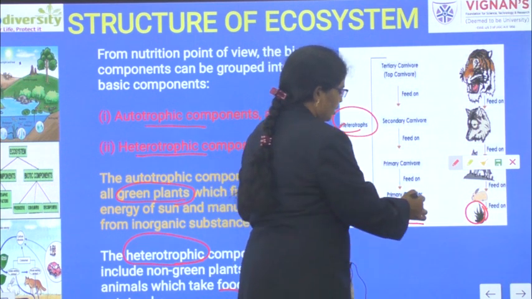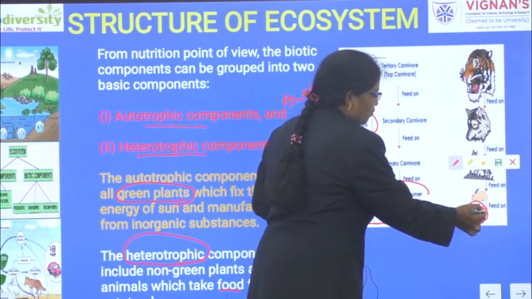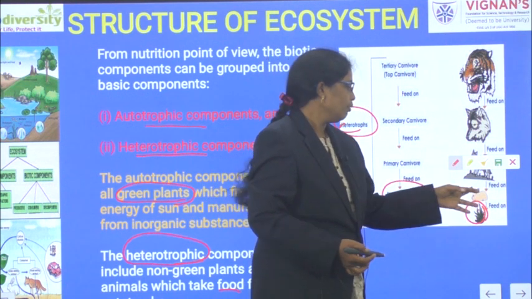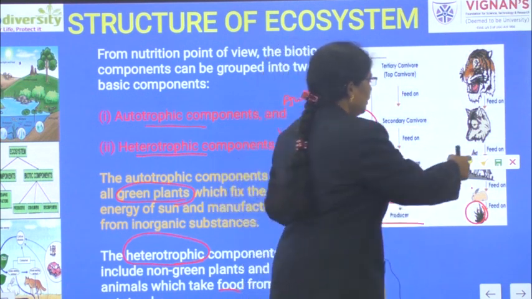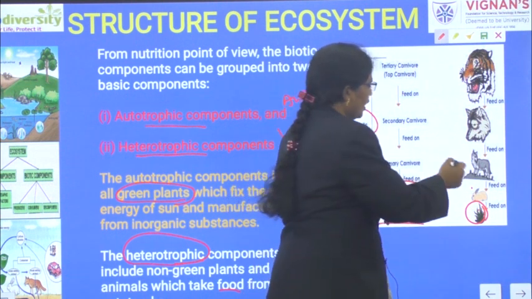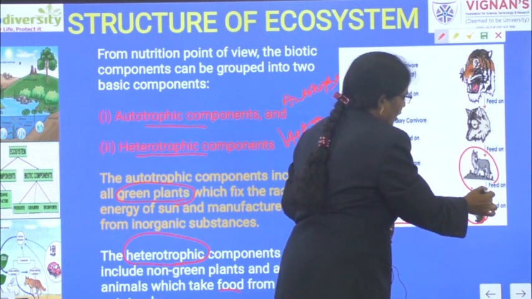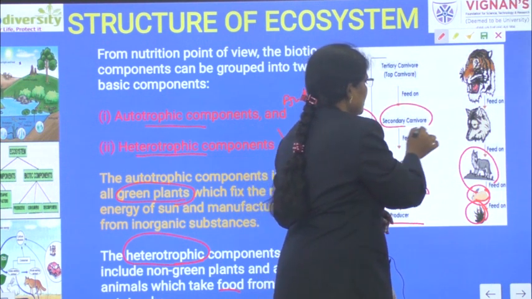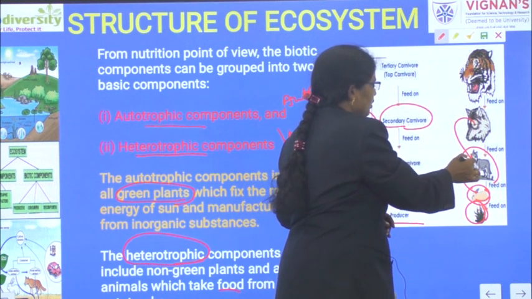Here the primary consumer is feeding on this particular plant material and consuming the food. And here secondary consumers are feeding on these primary consumers. And here you can see the secondary carnivore feeding on this.